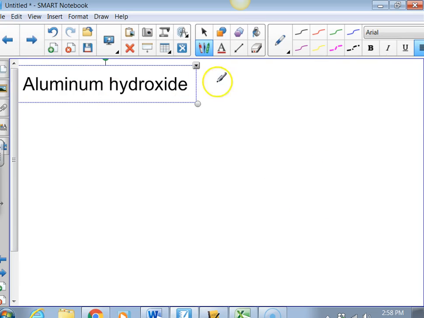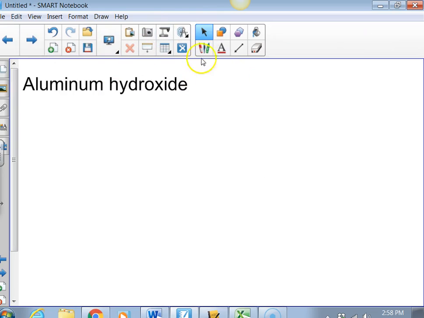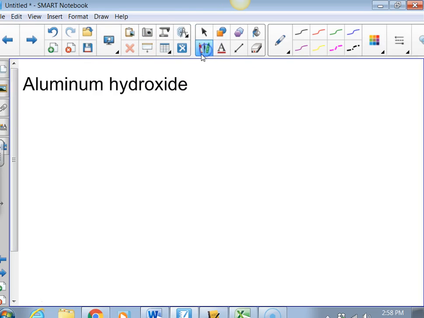Okay. Next, we want to determine the molar mass of aluminum hydroxide. Aluminum hydroxide is going to be a combination of Al and hydroxide. This is going to give a combination of Al(OH)3.